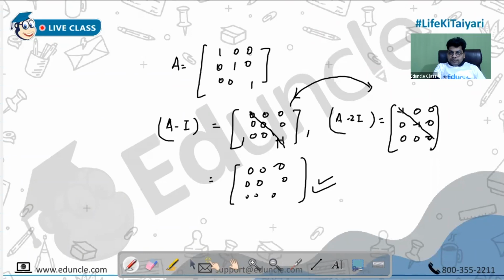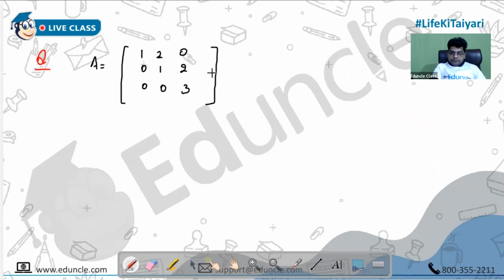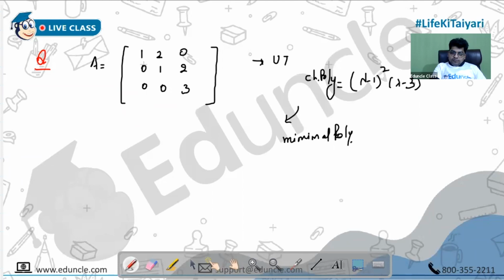This is -1, right? So this is an upper triangular matrix. What is the characteristic polynomial? Because the matrix is upper triangular, lower triangular, diagonal, or scalar, all the eigenvalues are the diagonal elements. So (lambda minus 1) whole square and (lambda minus 2), (lambda minus 3). So what is the minimal polynomial? Please find out in this matrix.